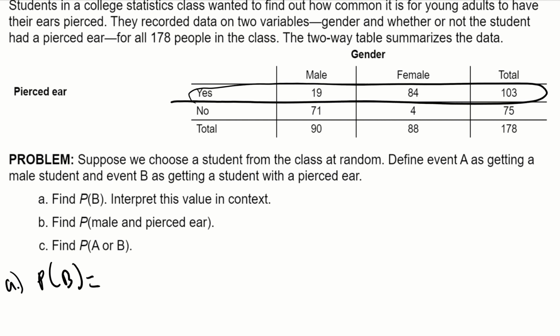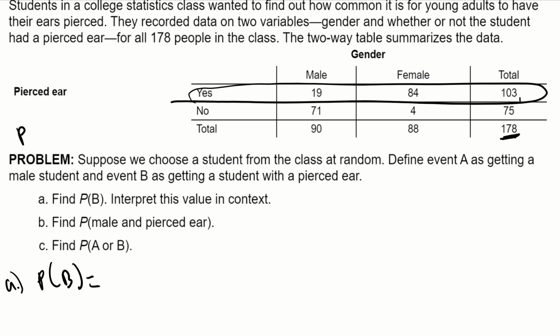So the probability of selecting a student with a pierced ear, well, there's 103 students or young adults that have their ears pierced in this sample, right? So 103 out of the total, right? The sample space, the total. In this case, the sample space is like all the people that you've collected. So this is, based off of data, an empirical probability. So we have our 178.